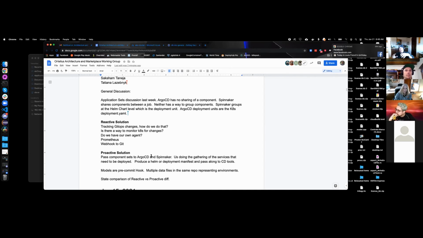So there are two events that happen. One is on the build side, when a component is created. The next is when this component is deployed, what it was associated to, and where it was deployed to. Those are the two major events in the pipeline process.